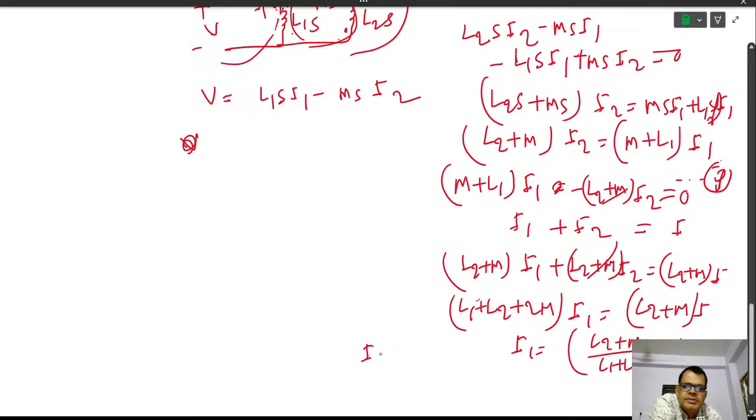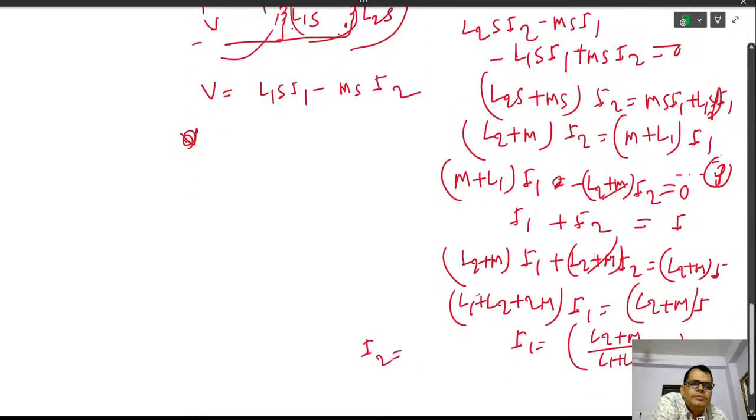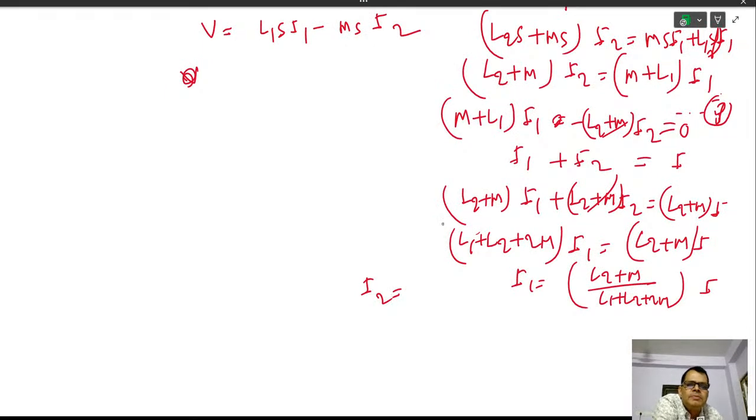In a similar fashion, you will calculate the I2. For I2, what you will do, you will multiply M into L1 on both sides, M into L1, and with a negative sign.